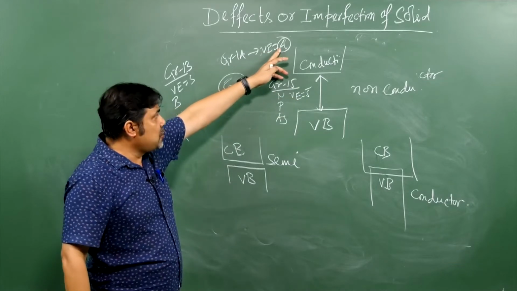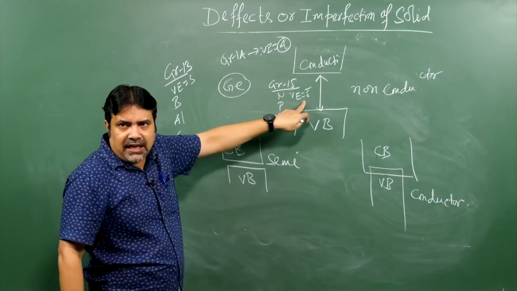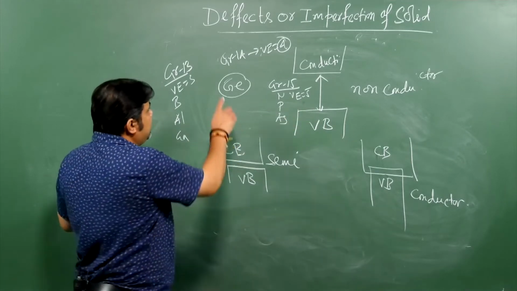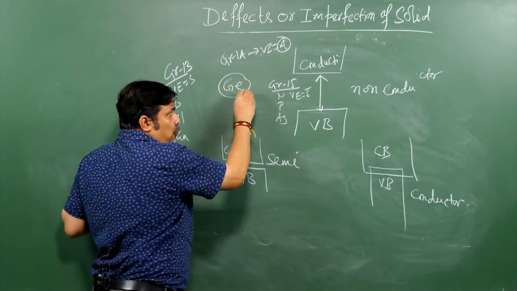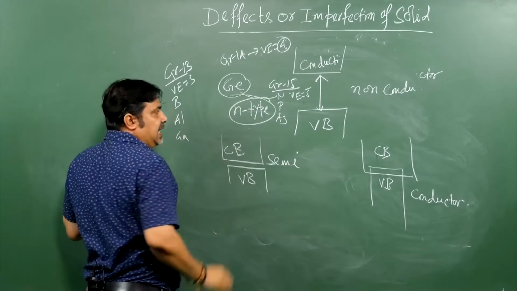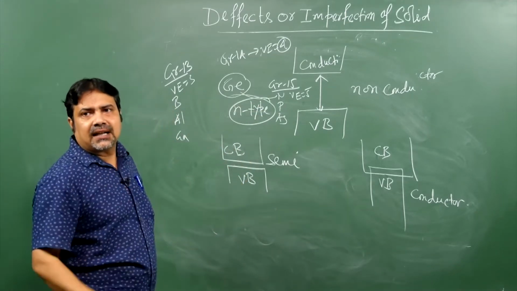Four electrons make covalent bonds with the 4, and 1 extra electron remains. Electron is a negative charge. That is why group 14 doped with group 15 is called an n-type semiconductor, because 1 extra electron will be there and that will increase the conductivity.